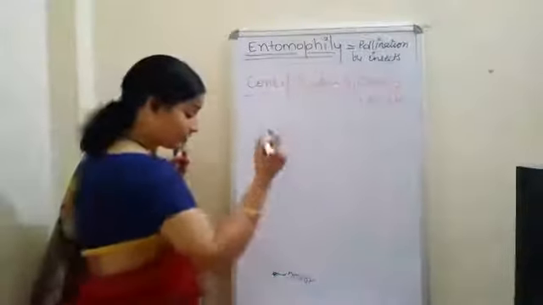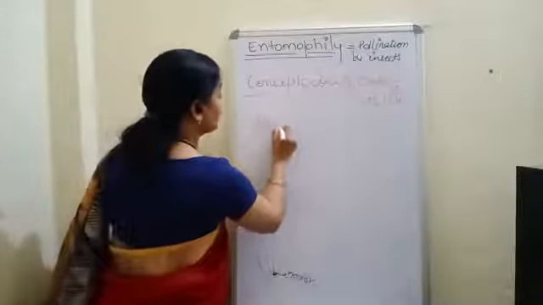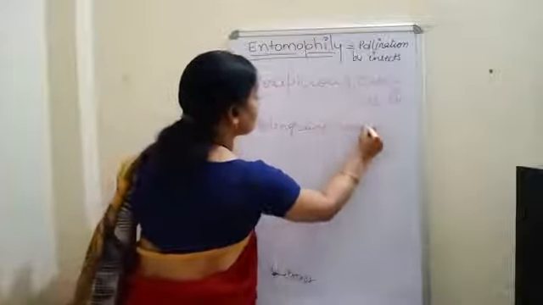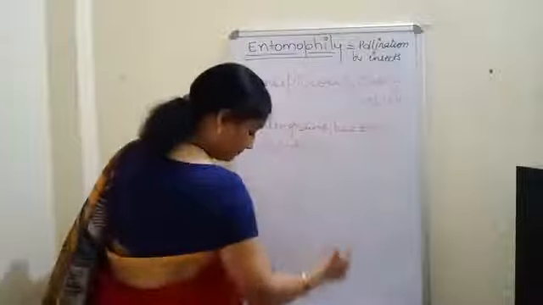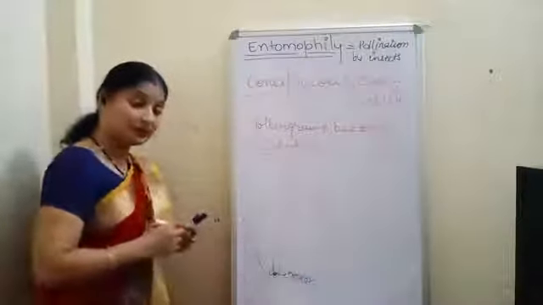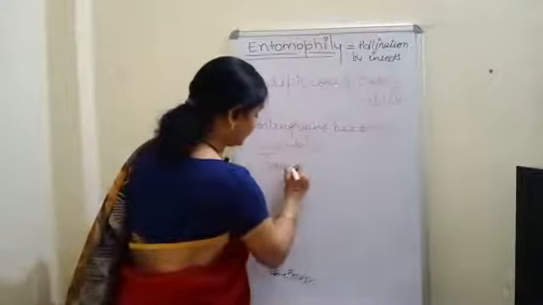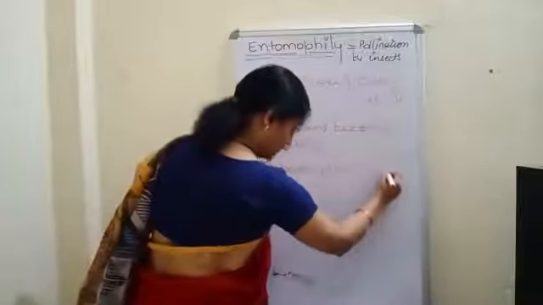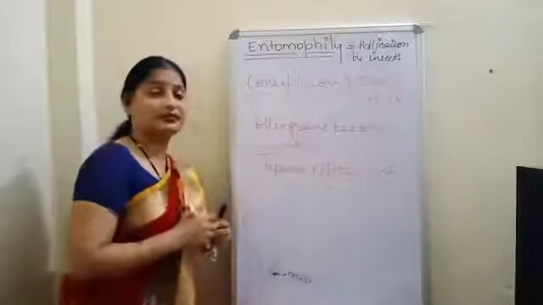After that, sometimes what happens? Pollen grains become edible. If the pollen grains become edible, as in case of Papaver, one example is Papaver and another example is Rosa sinensis.